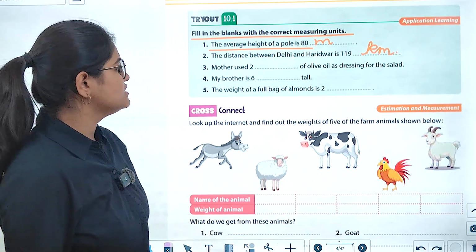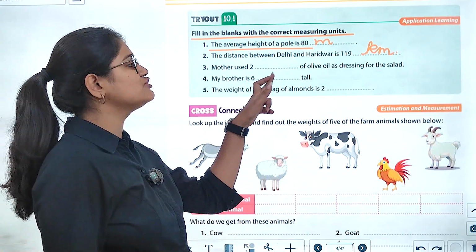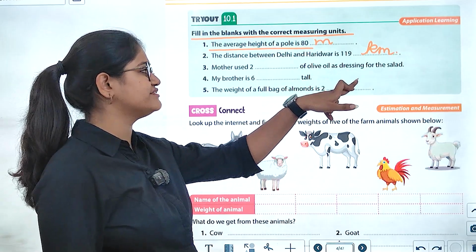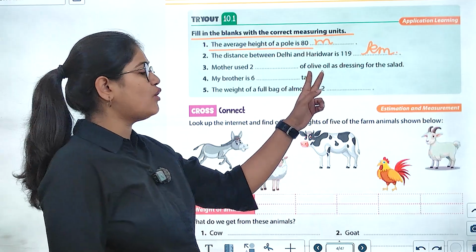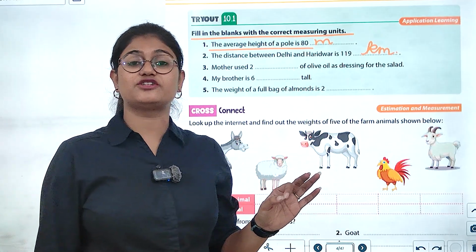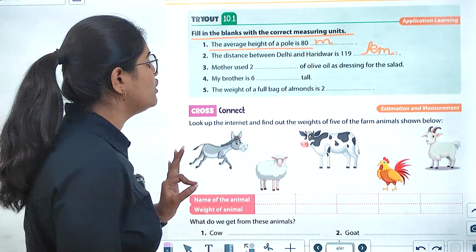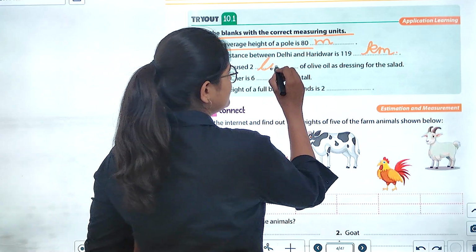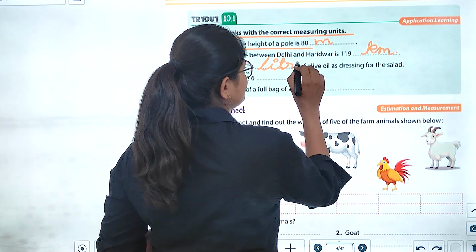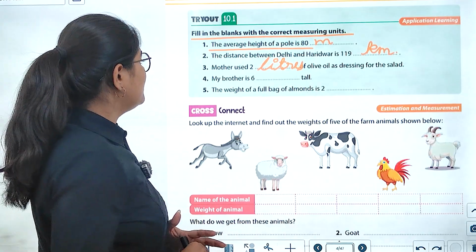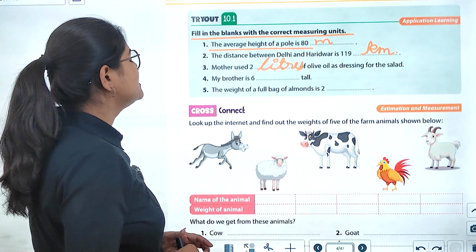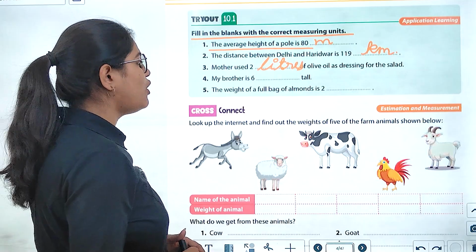Next, mother used 2 dash of olive oil as dressing for the salad. अब हम यहाँ पर ऑलिव ऑयल यानी कि लिक्विड को मेजर कर रहे हैं. सो लिक्विड इज ऑलवेज मेजर्ड इन लीटर्स, राइट?